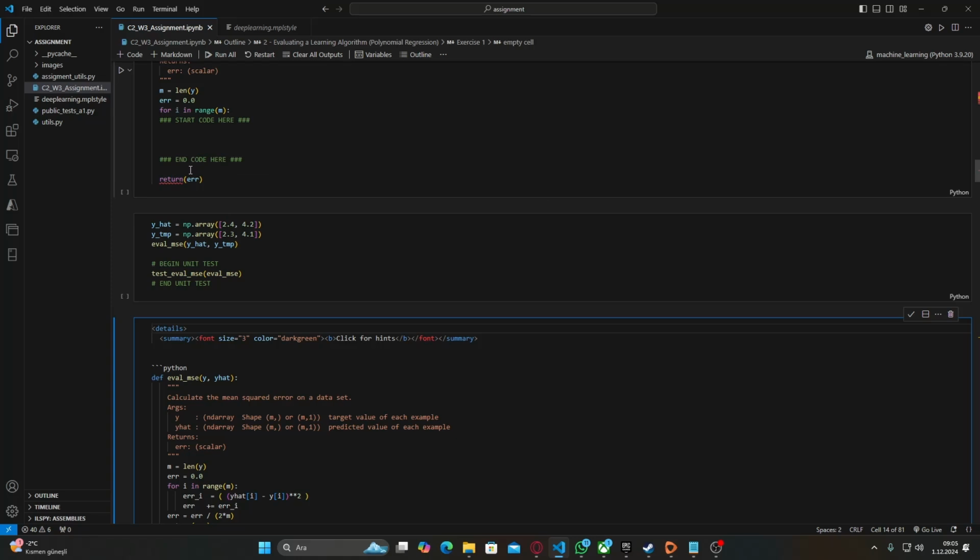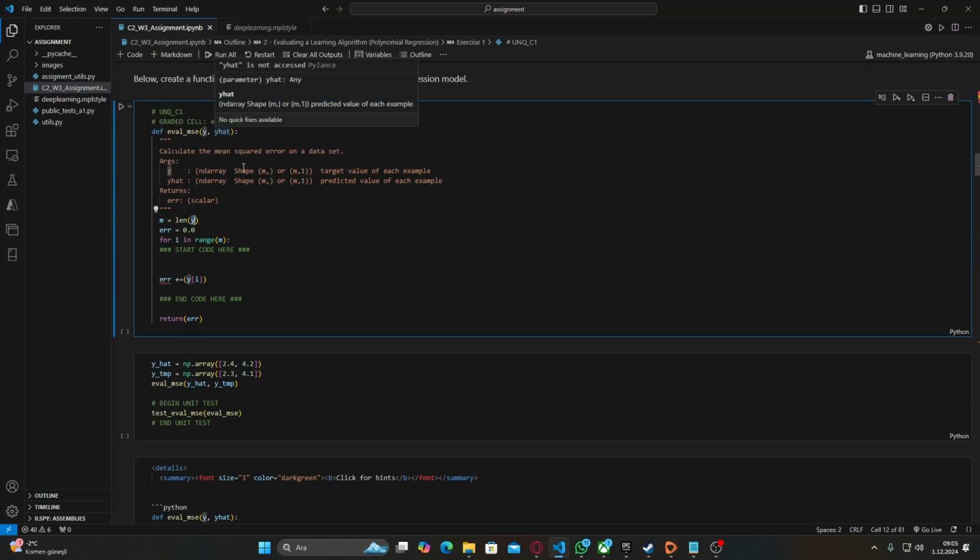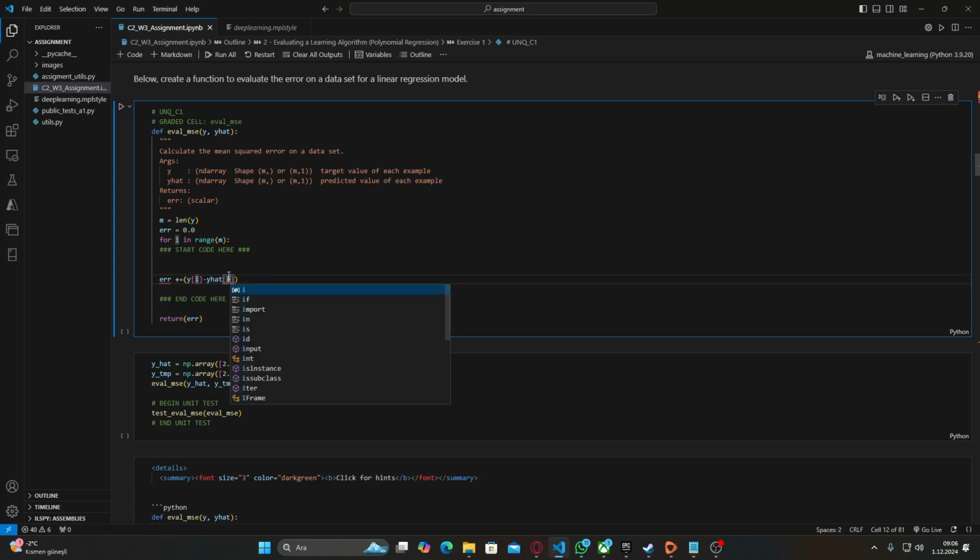Let me look at it. We have err for error, and it will equal plus equal to, oops, I clicked wrong. y_i is in here, which is given, and y_hat is given for me, minus y_hat of i.